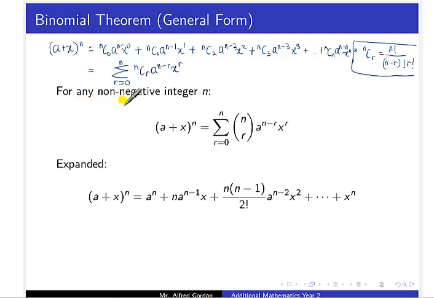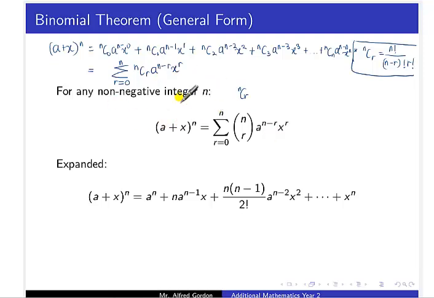So for any non-negative integer n, (a + x) to the power n is equal to the summation from r equal to 0 up to n of n combination r, a to the power n minus r, x to the power r.